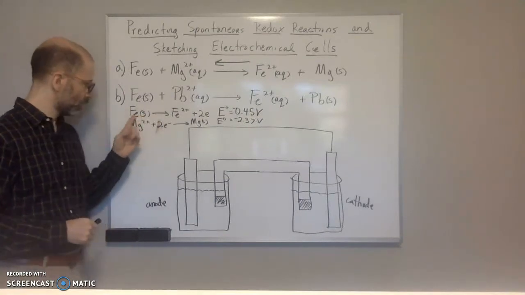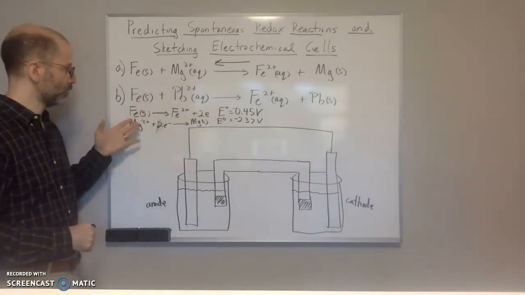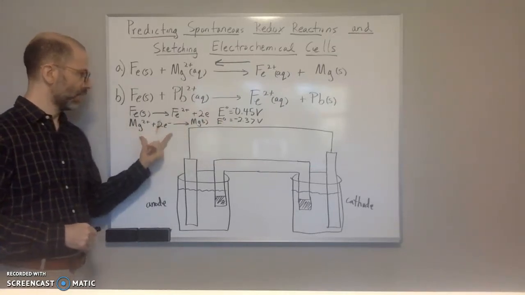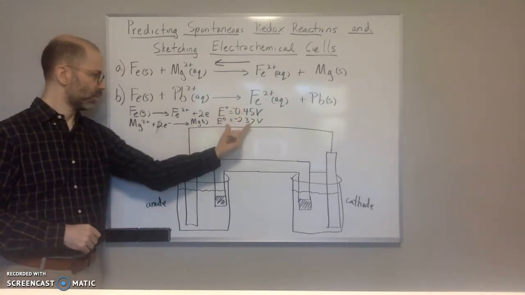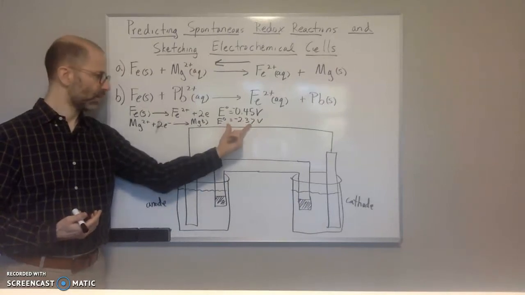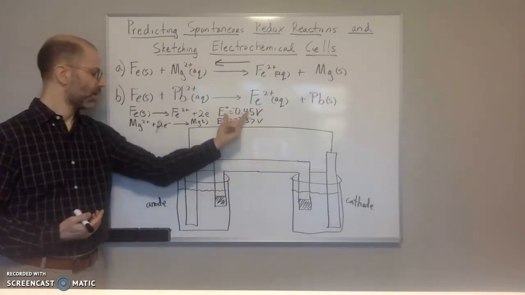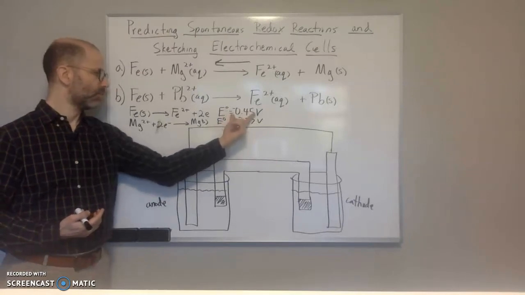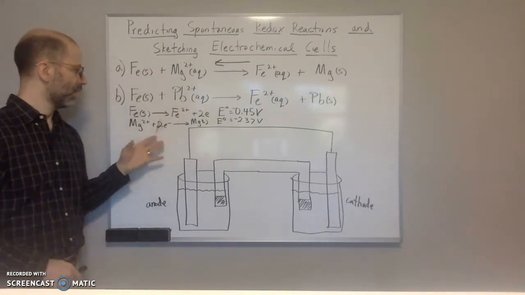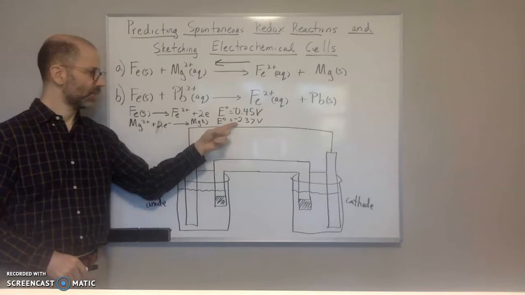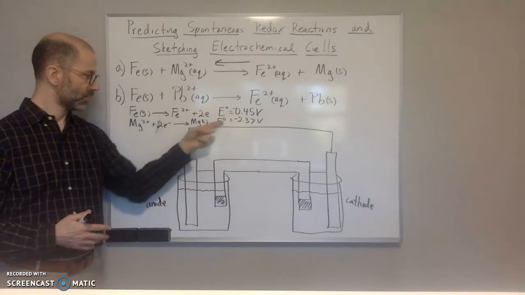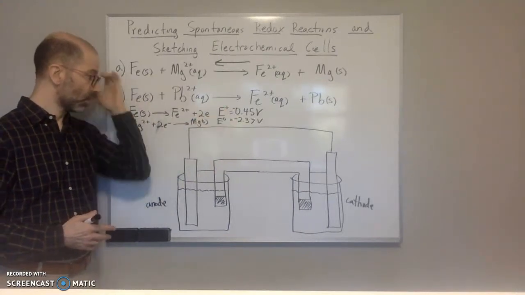I rewrote here the reactions we have, but remember, because the electrode potential for the reduction half reaction is more negative for the magnesium 2+ ion than it is for the iron 2+ ion, that means that the electrons are going to be repelled by this electrode rather than this one.